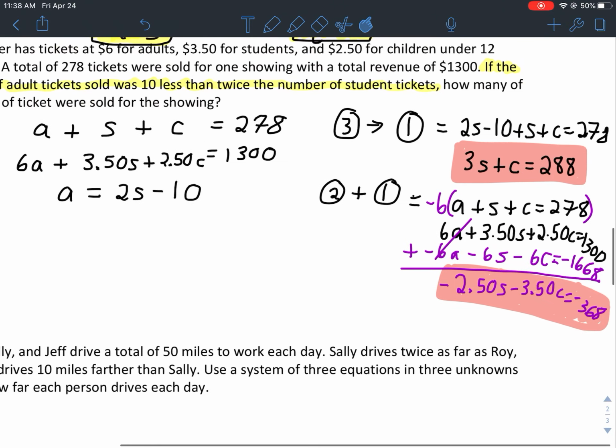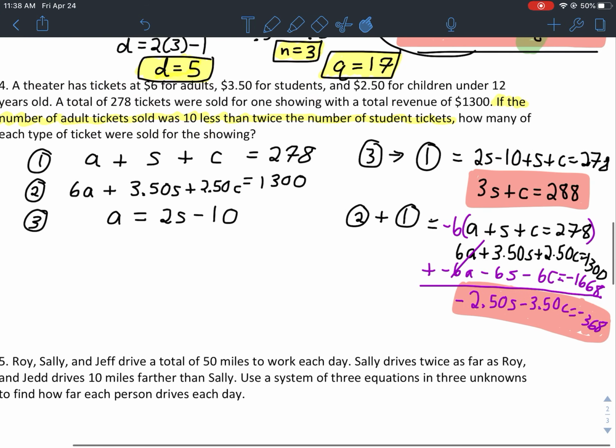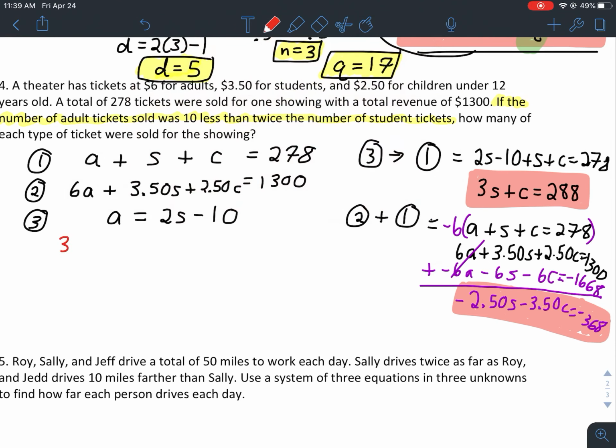Okay, so you could do elimination here. So with this one, I'll do elimination just to kind of mix it up. But if you like doing substitution, just like the last one, definitely do that. So I'm going to use my two red equations. 3S plus C. Okay, so what's the easiest elimination?